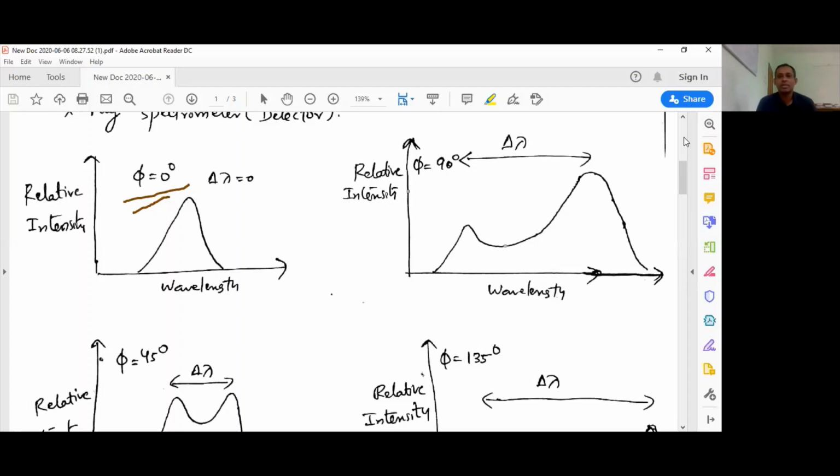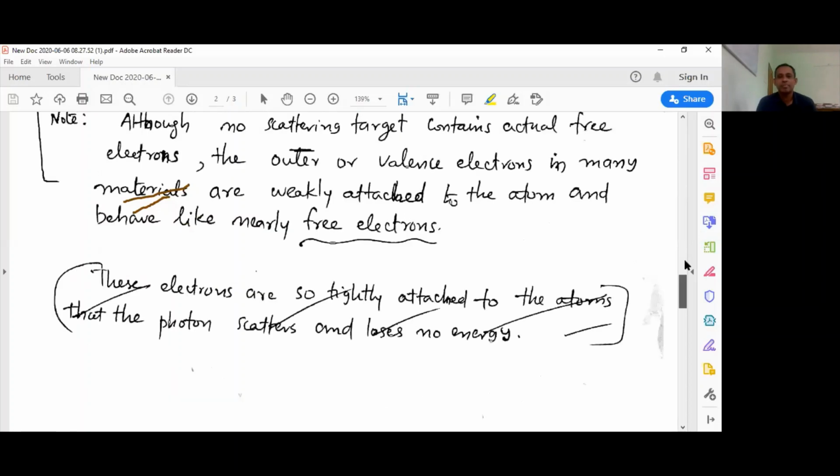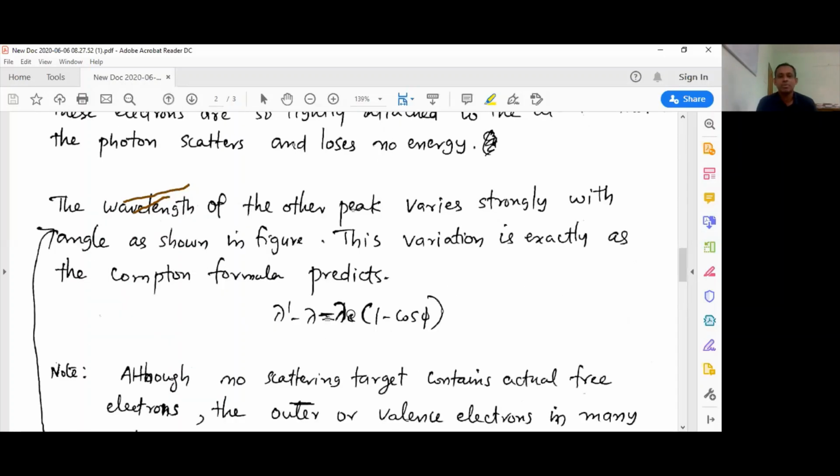As predicted by the formula, lambda prime minus lambda equals lambda c times (1 minus cos phi). Suppose phi equals 0, then cos phi equals 1, and lambda prime minus lambda will be equal to 0.